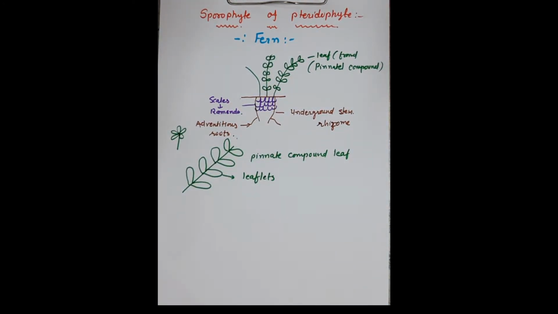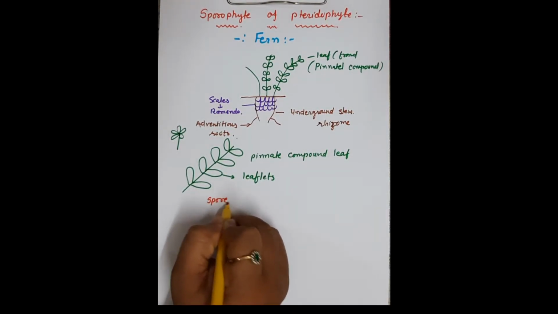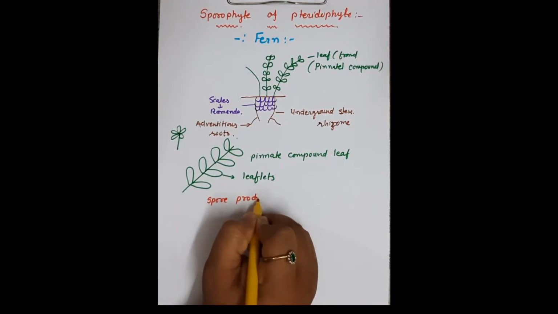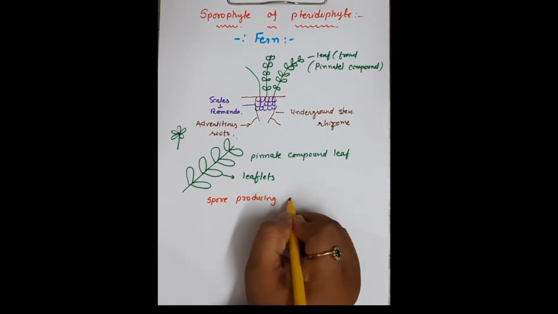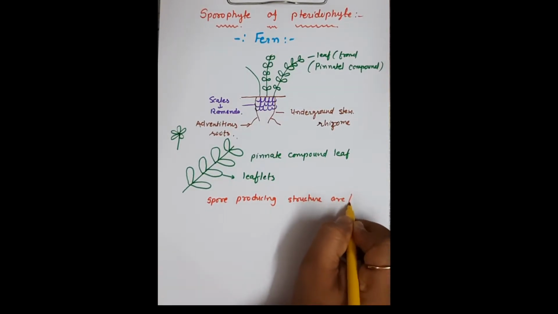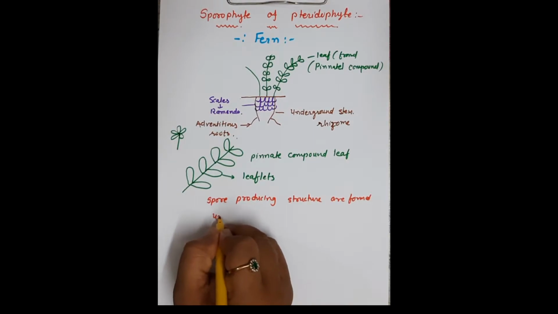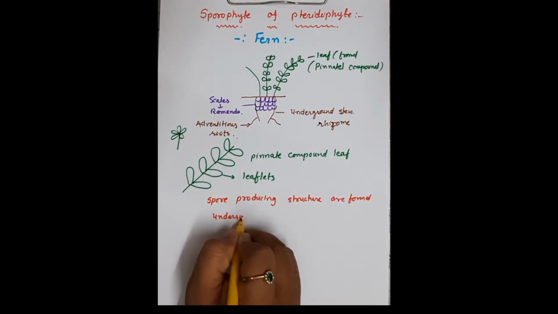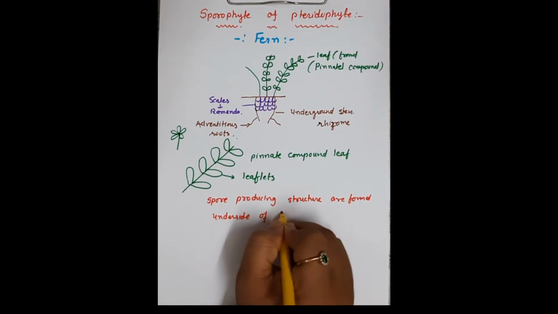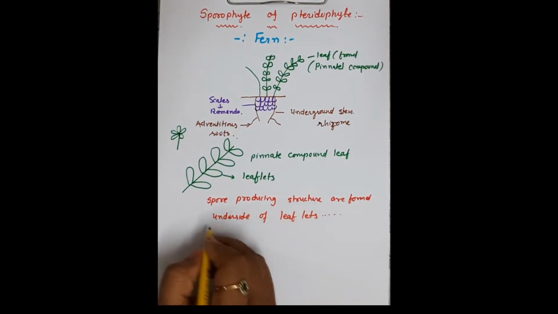Okay, now the spore producing structures are formed on the underside of leaflets, right?